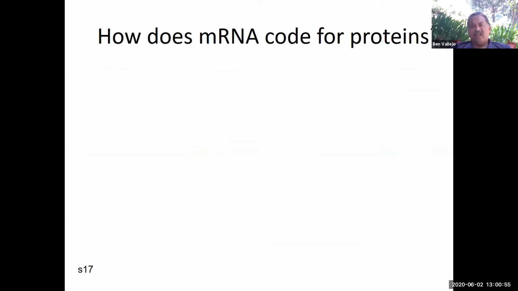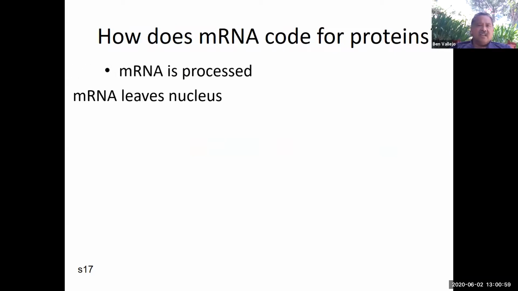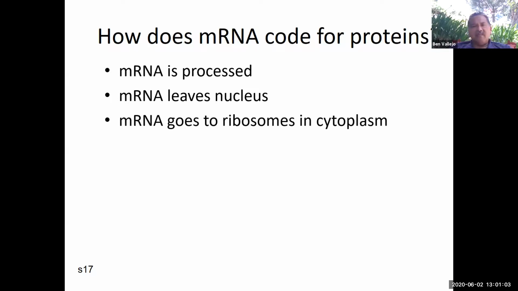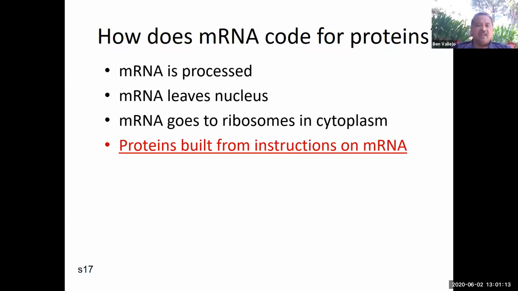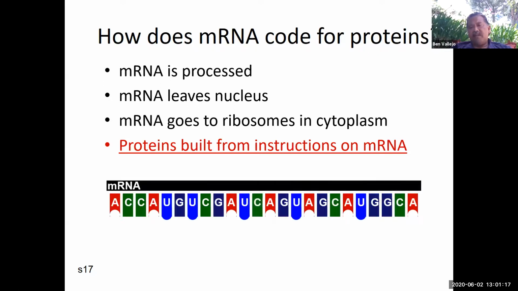Those proteins then lead to trait characteristics. Now, the RNA, before it leaves the nucleus, has to get what we call processed. So the mRNA is processed and it leaves the nucleus. Then it goes to the ribosomes, which are the protein factories. And then those proteins are built from the instructions on the mRNA, which are copied from what's on the DNA.